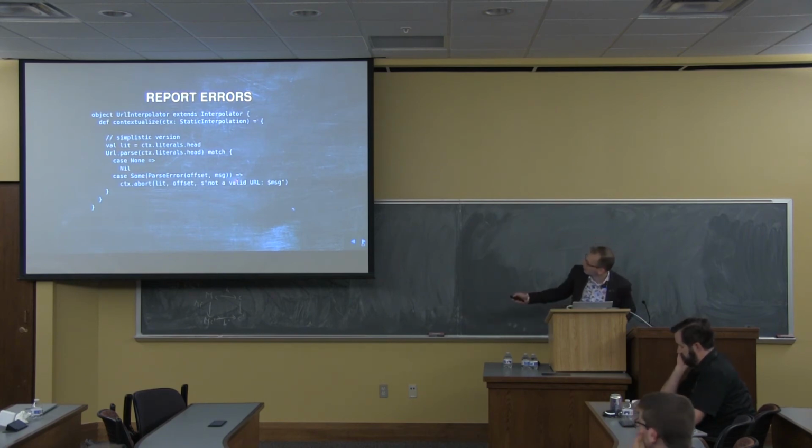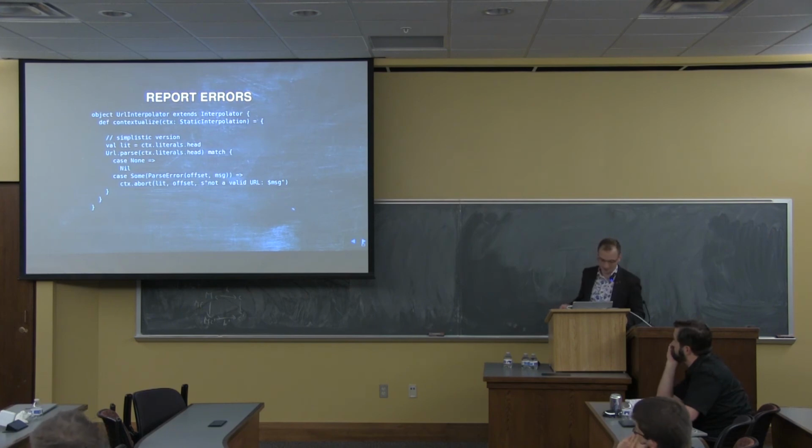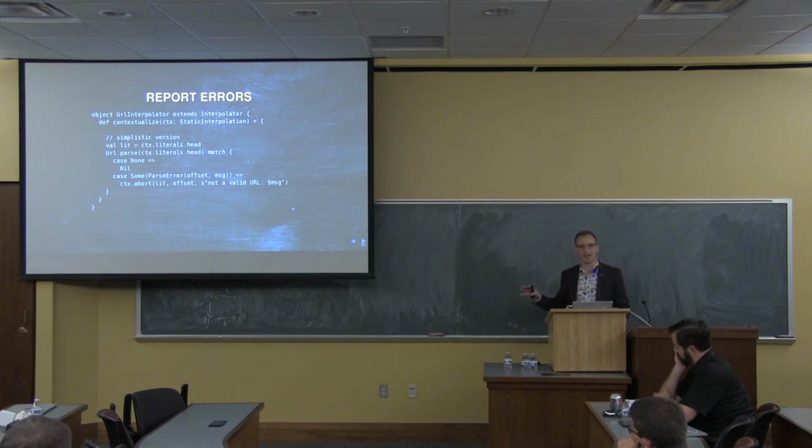If we had a parse error, and this method, my imaginary method, will fail on the first occurrence of an error, we'll have both a message and an offset within that. And we call context, this is the static interpolation context, .abort. That will stop compilation. Compilation has failed, there's no going back.